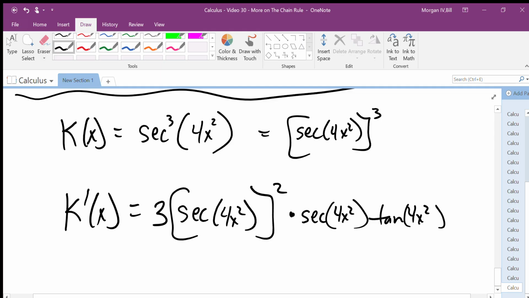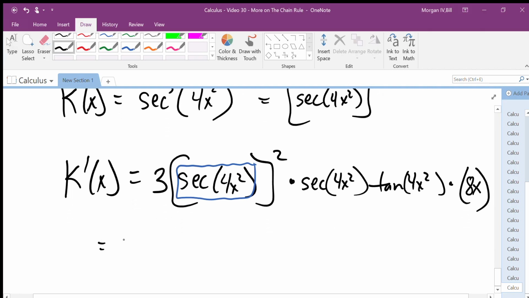But we're not done. Because when we took the derivative of the inside, the derivative of g, that's g prime, the derivative of secant is secant tangent, but the inside function, 4x squared, is not just x. So now we have to multiply that by the derivative of 4x squared, 8x. This is like a chain rule inside of a chain rule.